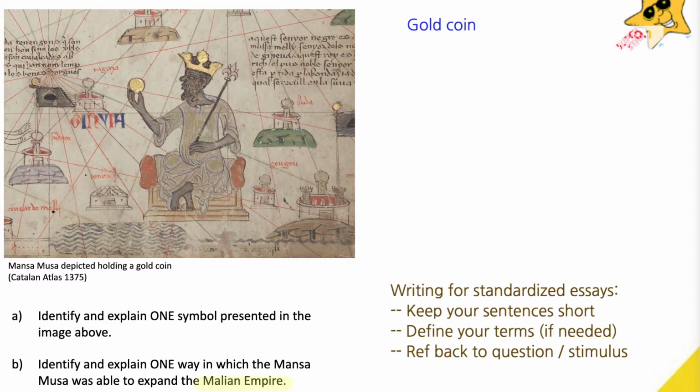Okay. So the first thing that we said here was the gold coin. If you are looking carefully, you also saw a crown, which is also gold and fairly prominent.